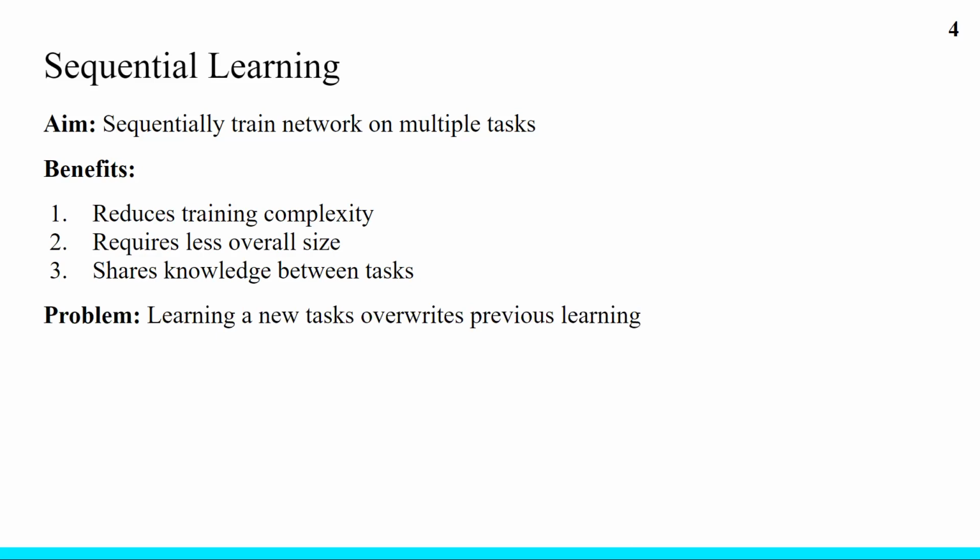However, despite these potential benefits, there's one core issue with this type of sequential training, which is that if you have a network that has been tuned to a single task, if you try and retrain it for a new task, it will overwrite that optimization that you had on the weights previously.